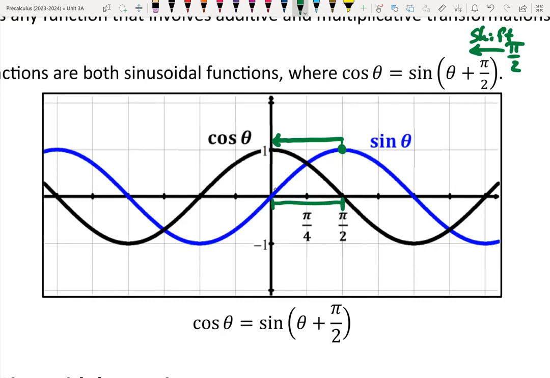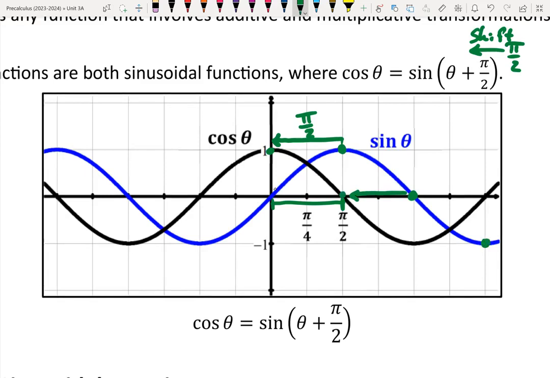And so that one shifted left a distance of pi over 2, and it dropped on top of cosine. And every point from sine shifts over to cosine. So here's a point on sine, and we shift left that pi over 2, and there it's matching point right there.